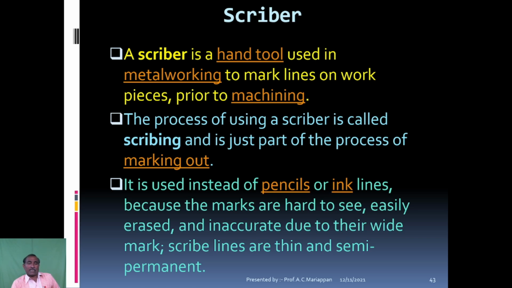It is used instead of pencil or ink, because pencil and ink cannot be retained for a prolonged duration. Marking on a metal surface by means of a pen or pencil is not possible. So in such cases, the scriber is used to mark scribing lines on the sheet metals, and it is a permanent marking.